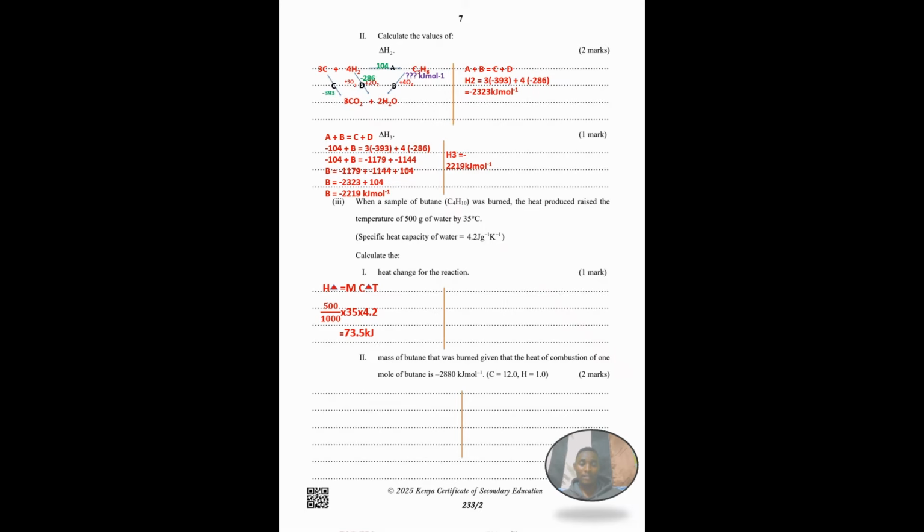In this case, I can still include the negative to show that it was exothermic because it was a temperature rise. So it can still be negative 73.5 kilojoules, not per mole in this case, but just kilojoules. So we were supposed to determine the heat change for the reaction. That was the heat change for the reaction.